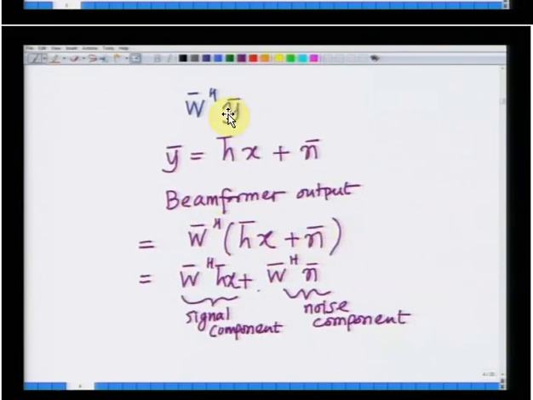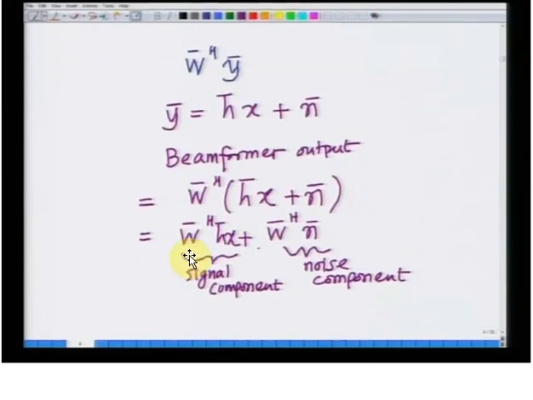We just replace the value of y bar here as h x plus n. If we open the brackets, we have W bar Hermitian h bar x plus W bar Hermitian n bar. This is the signal component and this is the noise component.